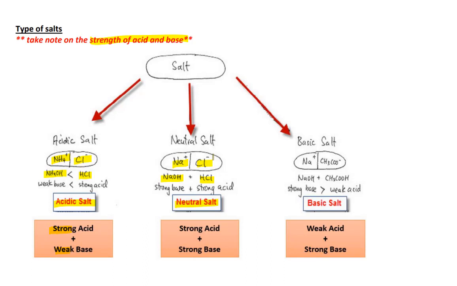And lastly, we have our basic salt, which is a combination of a weak acid and a strong base. Giving the examples over here, strong base NaOH combined with a weak acid CH3COOH.